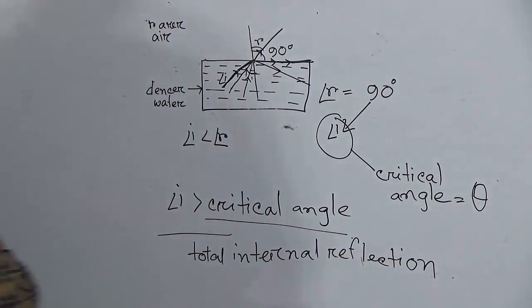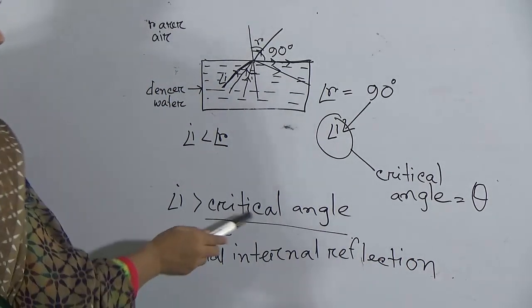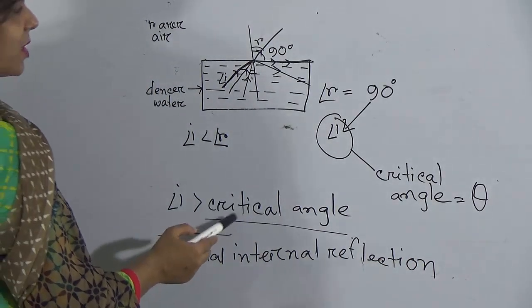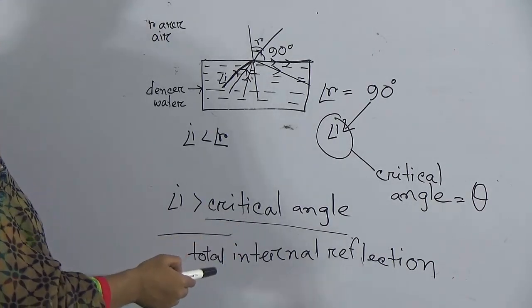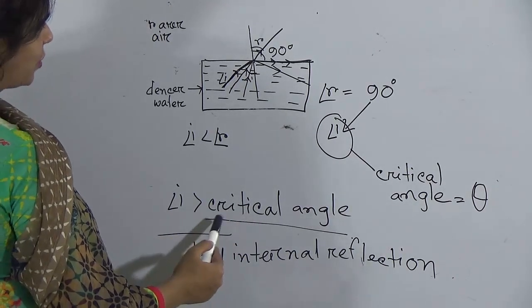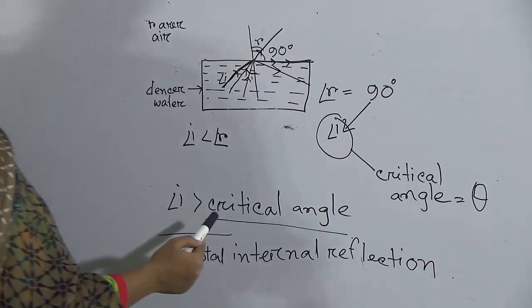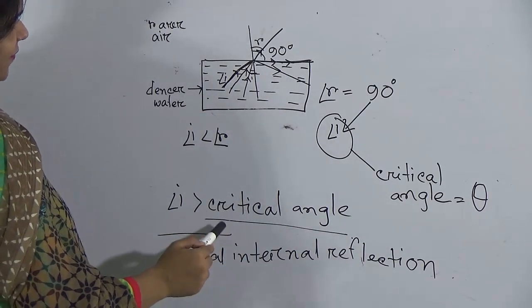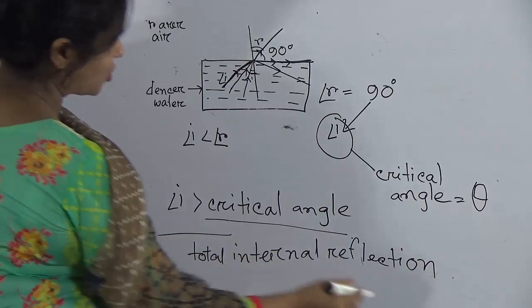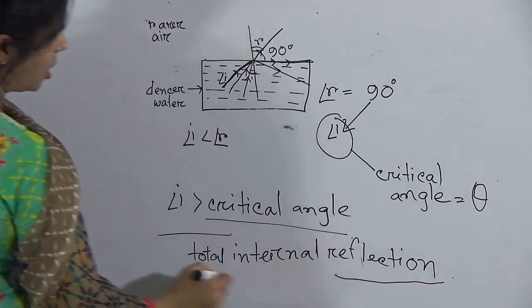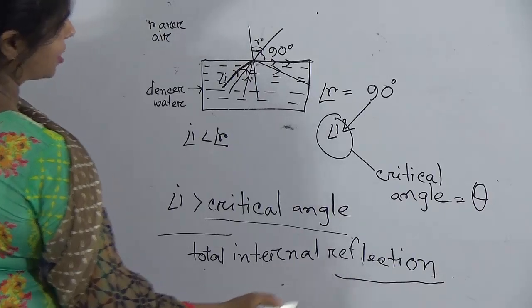I am saying again, if the incident angle is greater than the critical angle, the light ray does not go to the other medium, it comes back into the same medium. We know when a light ray falls on a surface and comes back, that is reflection, and that's why this is called total internal reflection.